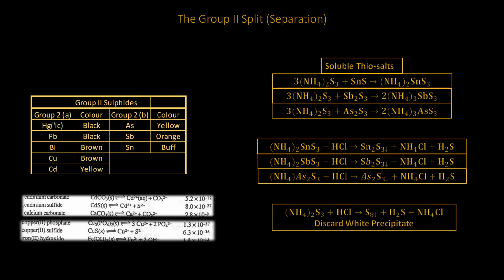If these elements are not present, a white precipitate will form. The precipitate is discarded as this white precipitate is sulfur. After decanting, the test tube with the filtrate is labeled 2B, and the test tube labeled 2 is relabeled as 2A.